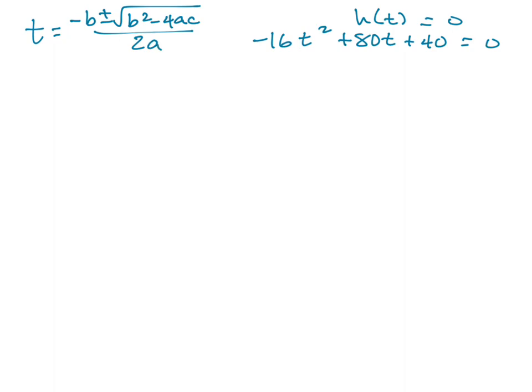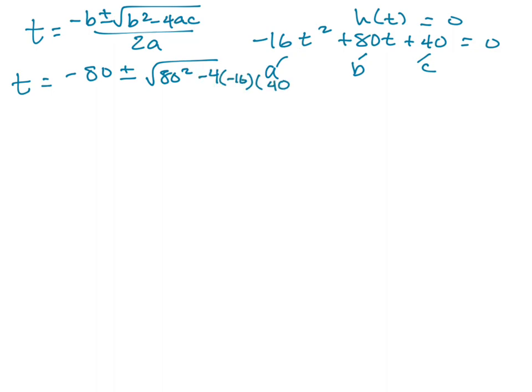So we're going to plug in these numbers, a, b, and c, into that quadratic equation. t equals negative 80 plus or minus the square root of 80 squared minus 4 times negative 16 times 40, all over 2 times negative 16.